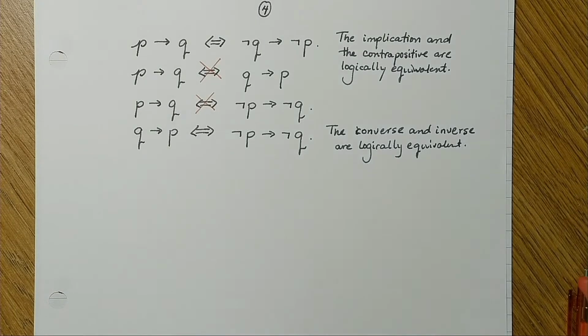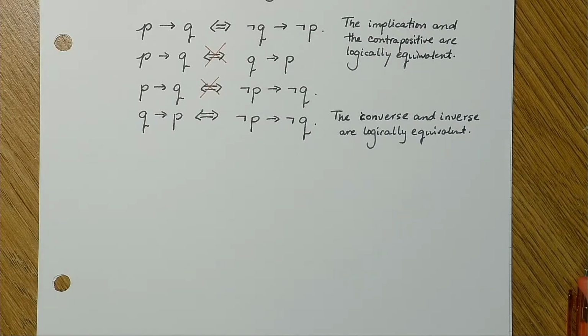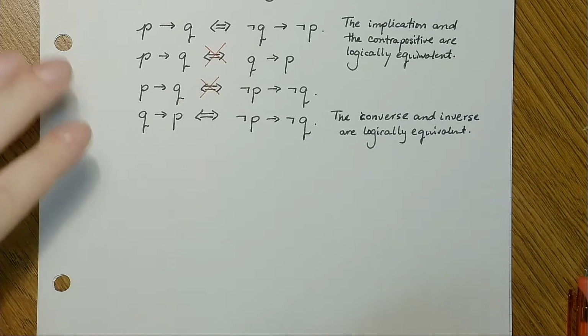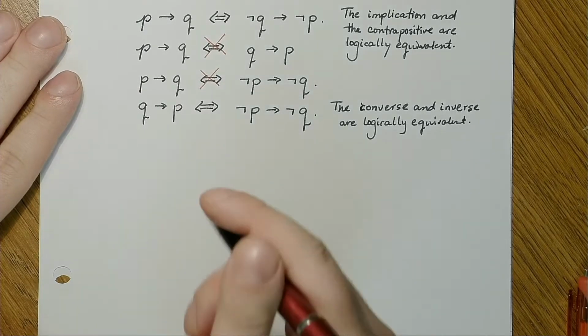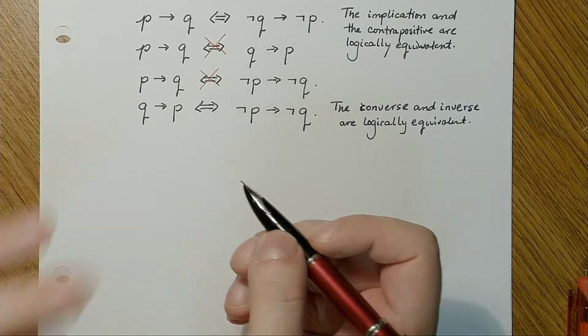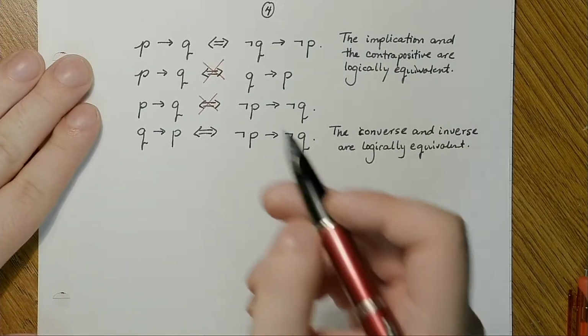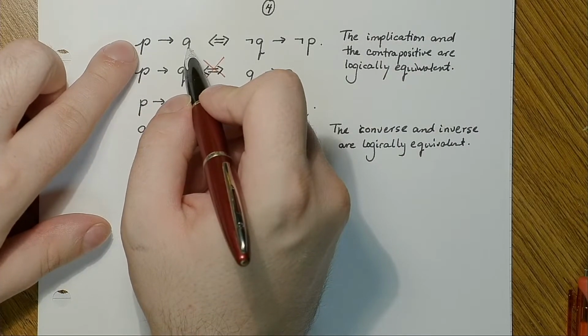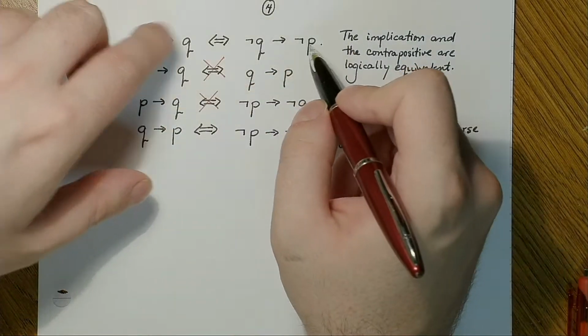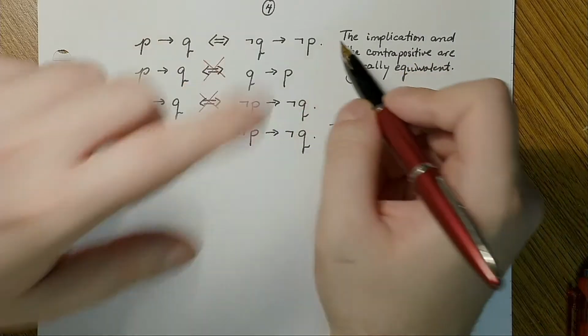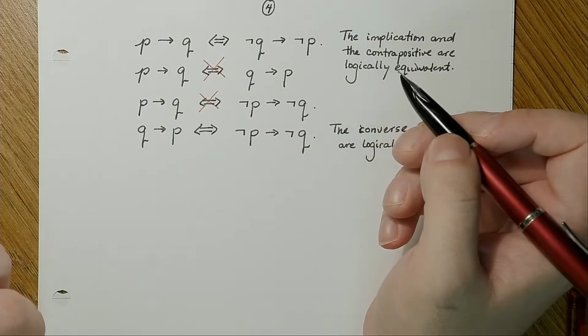So you might not believe it. Sometimes it's difficult to think about it in terms of the situation, and that's why we resort to using logic. So we can work it out, and if we can show that this proposition has the same truth table as this proposition, then they're logically equivalent.